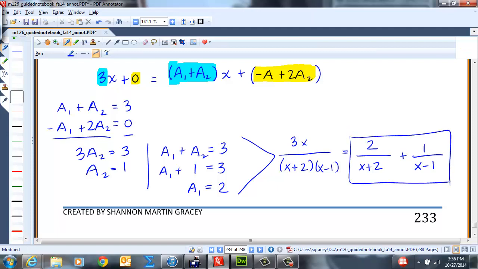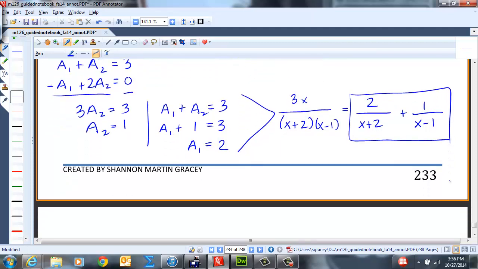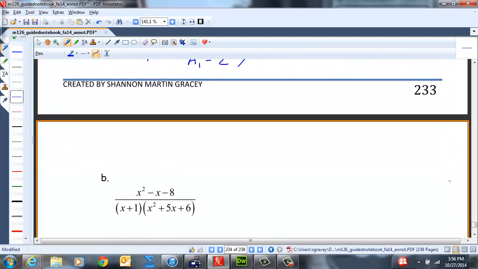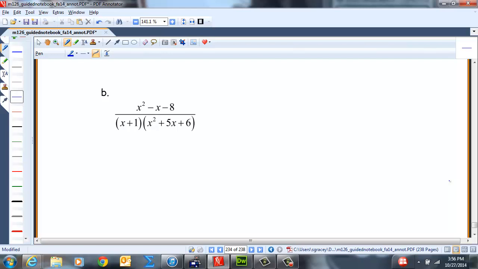All right, so here we go. Next up, this guy, you have to look at it carefully. So what did we find out? We have to make sure everything in the denominator is factored, and we leave the numerator in general form.